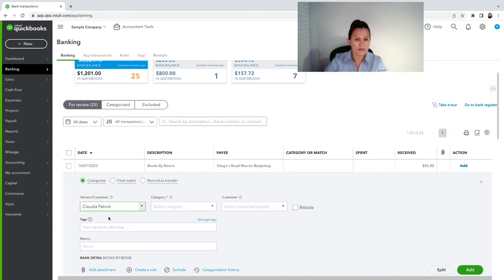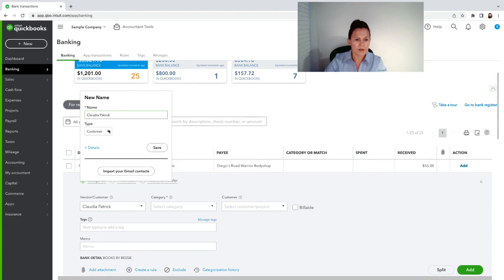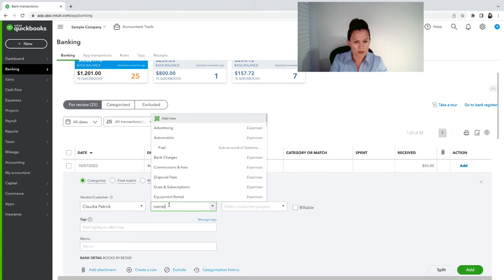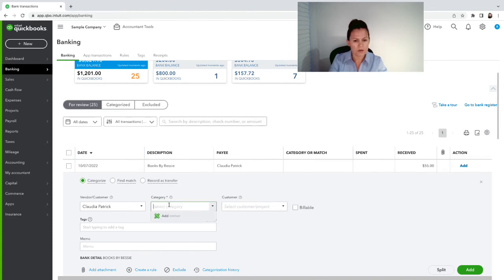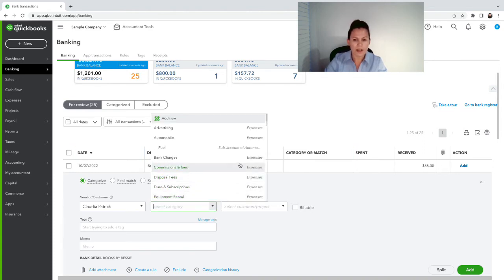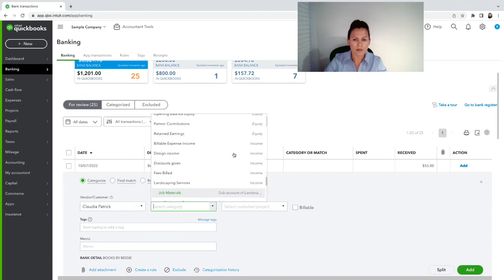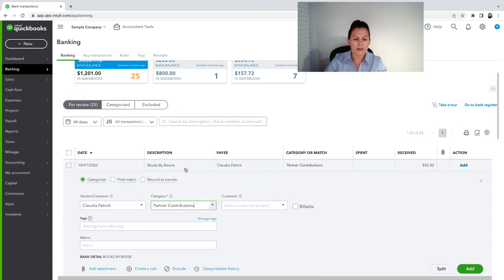You can do that. Okay. Putting myself as a vendor, and here owner's distribution. No, sorry. We're going to have to click on the box here and go to that account that I just created. Partner contribution. There you go.